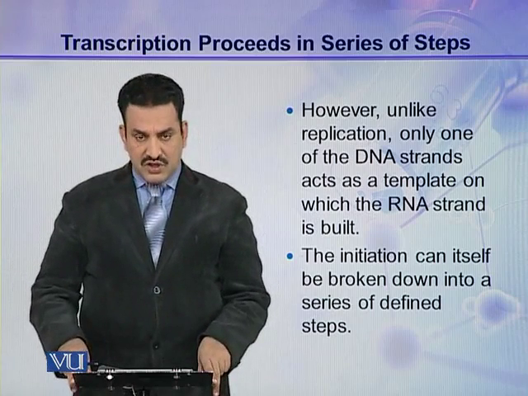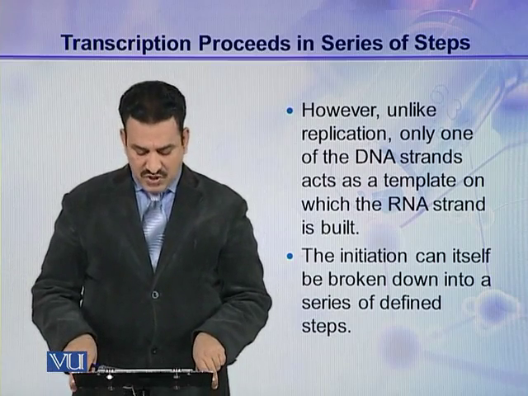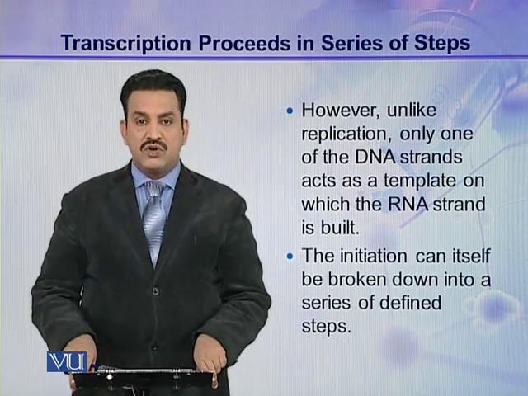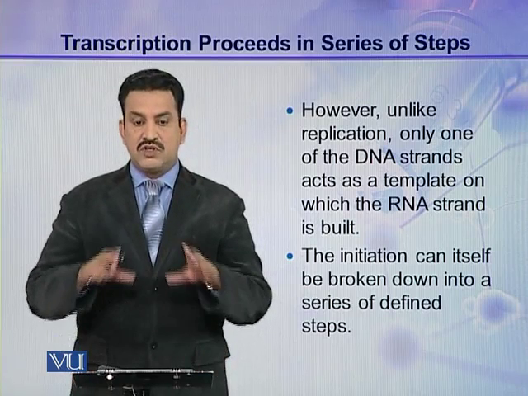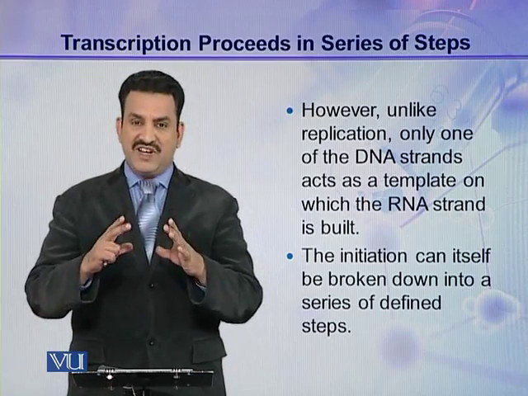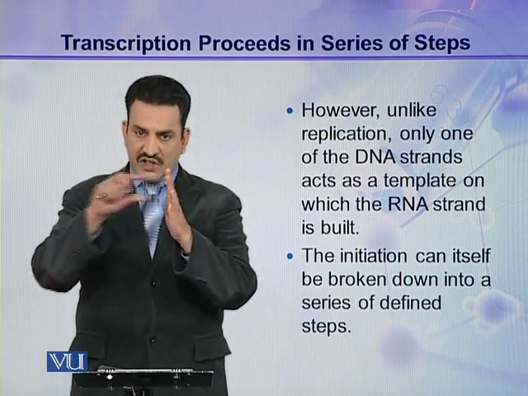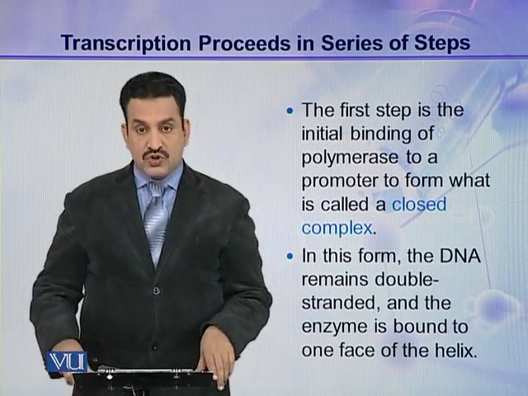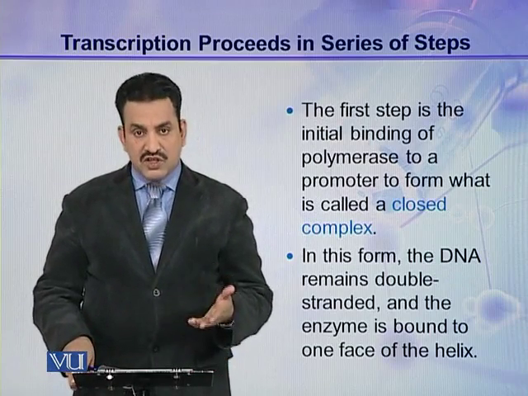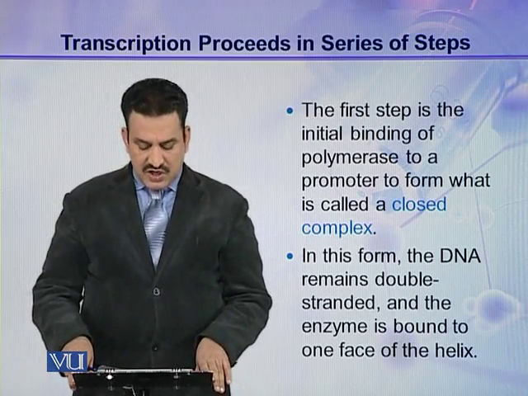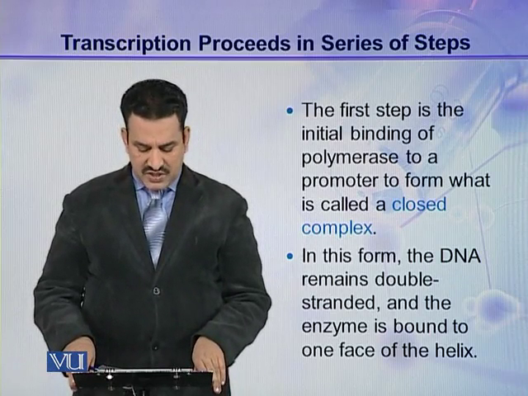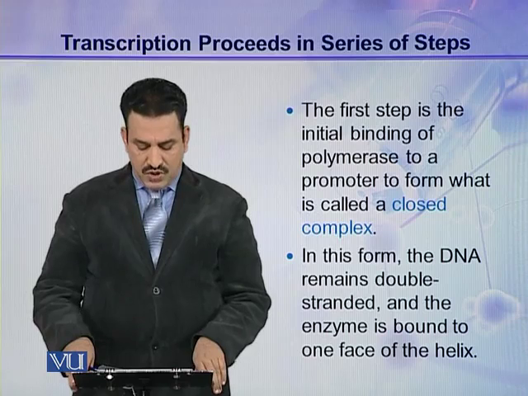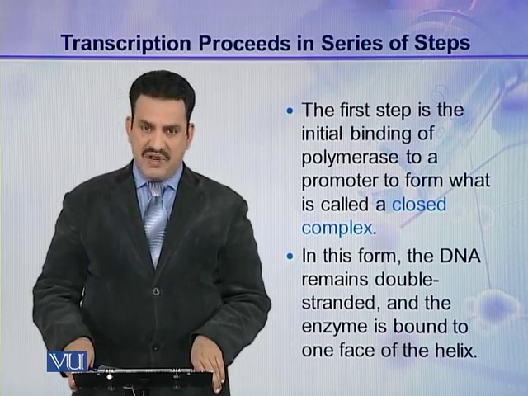The initiation can itself be broken down into a series of defined steps. This initiation phase is further divided into different steps. The first step in the initiation is the initial binding of polymerase to a promoter to form what is called a closed complex.